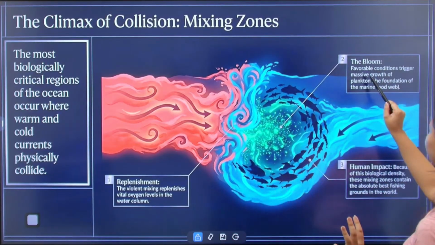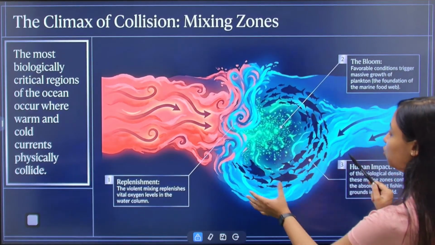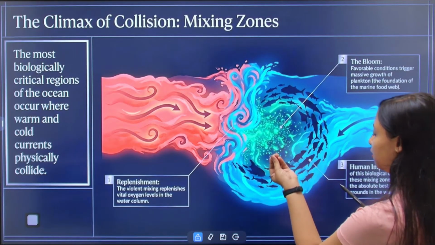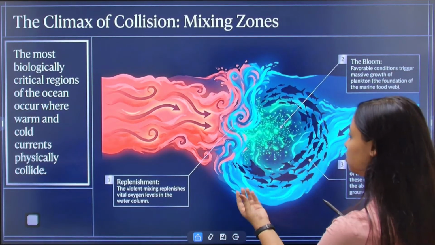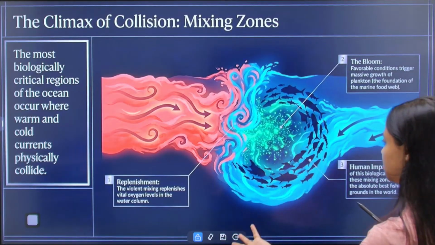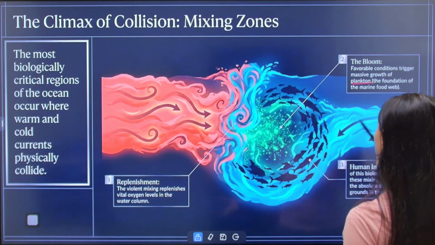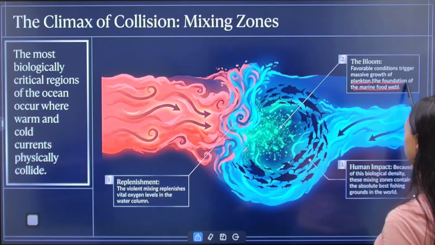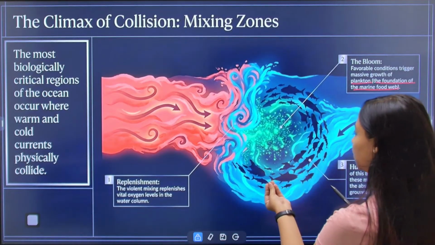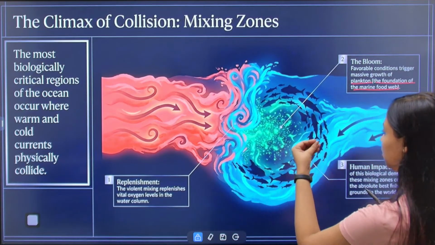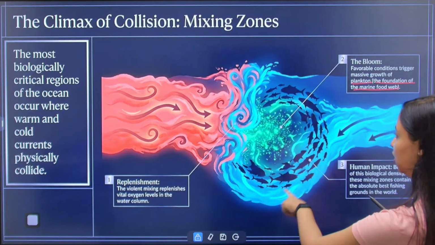Bloom: favorable conditions trigger massive growth of plankton. You know, beneath the ocean waters there are certain plants that grow, known as plankton, right? They are the foundation for the marine food web, the primary food. That is where the food web starts for the marine ecosystem.